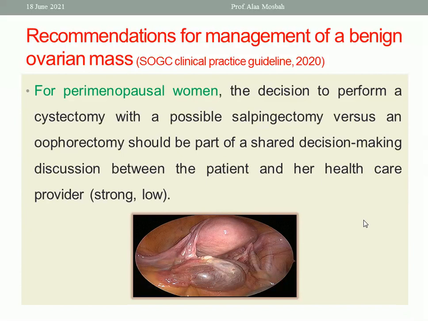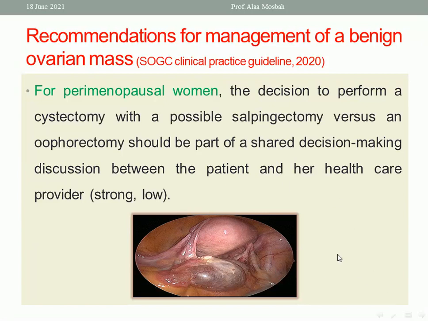For perimenopausal women, the decision to perform cystectomy with possible salpingectomy versus an oophorectomy should be part of a shared decision-making discussion between the patient and her health care provider. Here we have a lady with a benign mass at perimenopausal age.